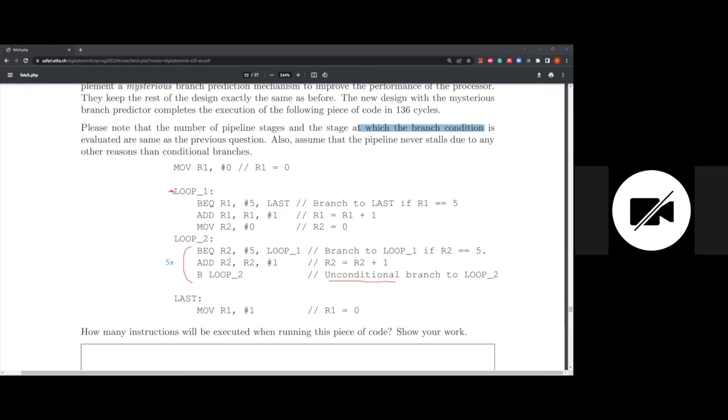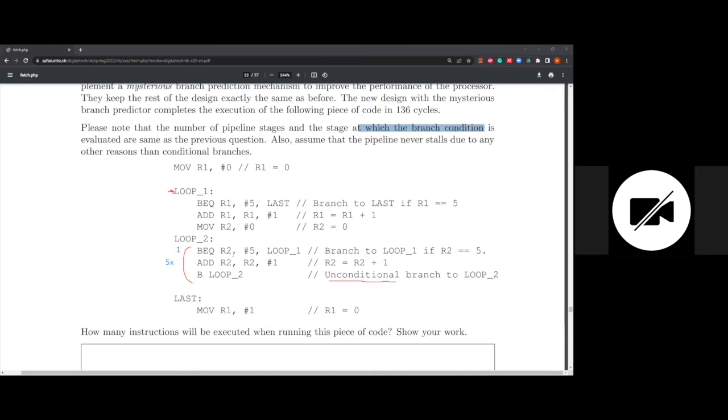And when R2 is 5, we take this branch and jump back to loop 1. So all these 3 instructions are executed 5 times. And then we exit this part by executing this branch equal instruction 1 more time, when it is finally taken.